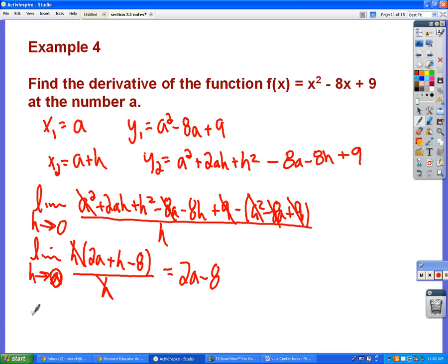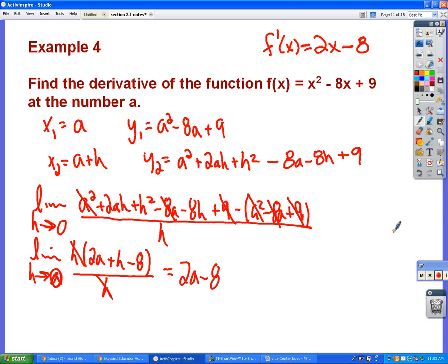Okay? So another way of saying this is the derivative of this function f of x is just the slope: 2x minus 8. So if you want to know the slope of this graph at any point x, now you just plug that into the formula for the derivative, and that'll tell you the answer. So if you want to know the slope at x equals 2, what's the answer?